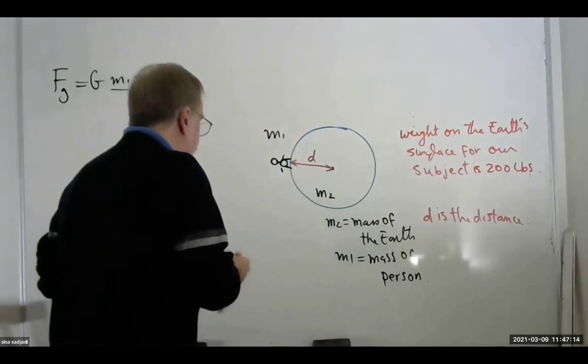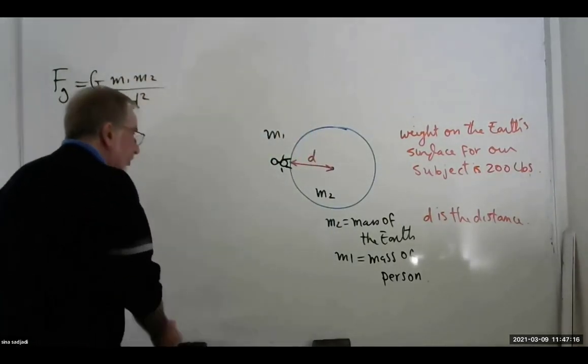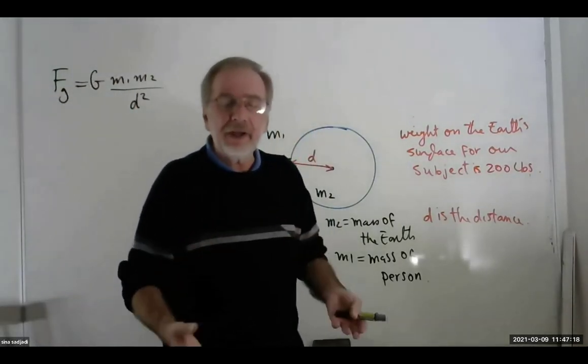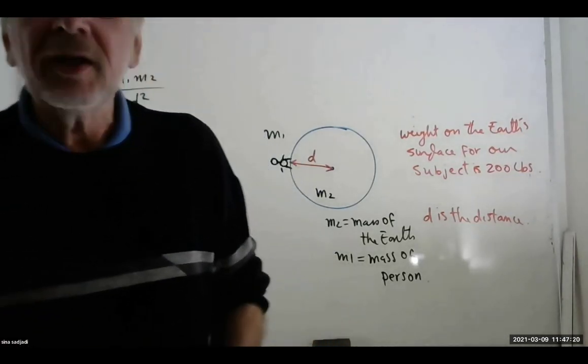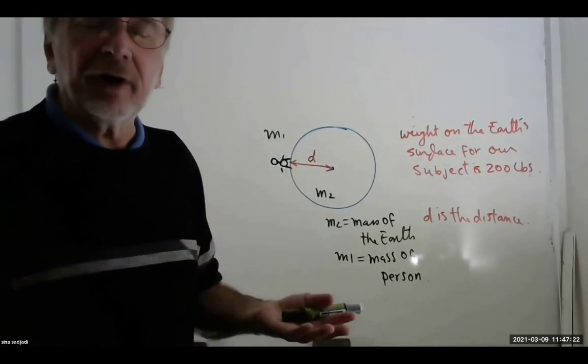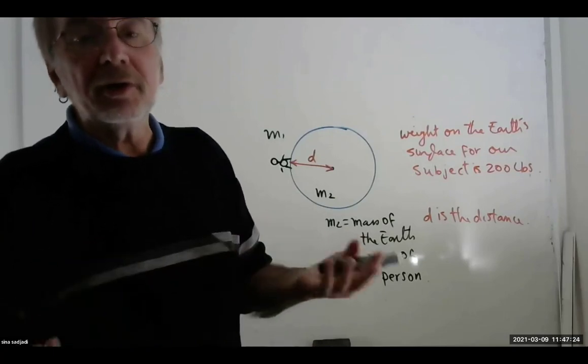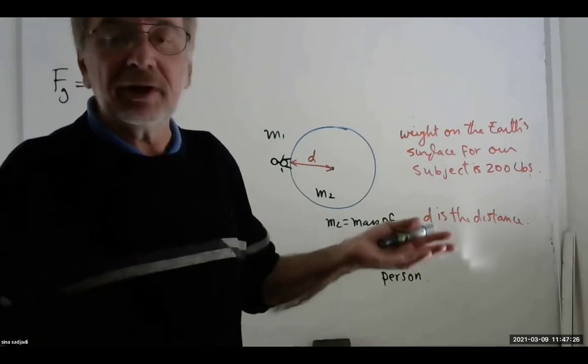So this guy gets on a scale and he weighs himself and it's 200 pounds. Now we want to see how much his weight falls. You want to know when does he become 100 pounds, 200 pounds, 300 pounds, whatever.